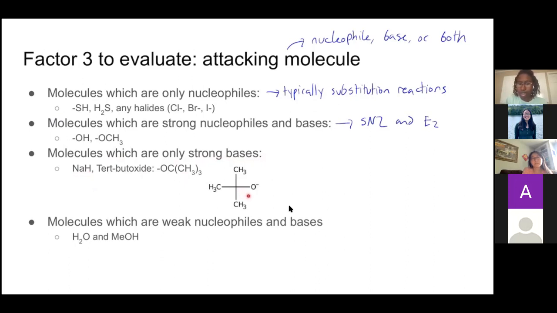We've talked about this a little bit before, but because of its steric hindrance, it's not really able to act as a nucleophile. It's what we refer to as a big, bulky base. Molecules that are only strong bases are frequently featured in E2 reactions. So anytime I see tert-butoxide, I automatically think, oh, there's an E2 reaction going on.